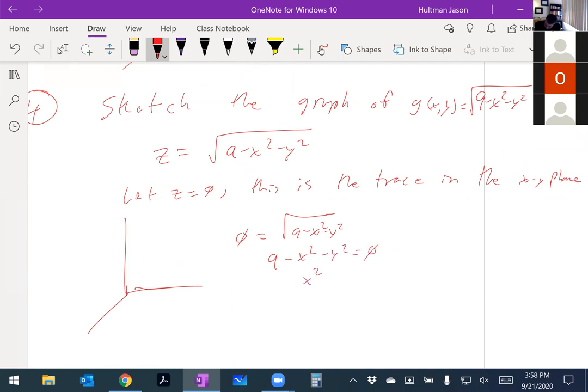And so this is x squared plus y squared equals 9, which is a circle of radius 3. So that's kind of cool. 1, 2, 3, and we're going to get a nice circle of radius 3 here. Makes sense? That's the trace. That's a slice in the xy plane.